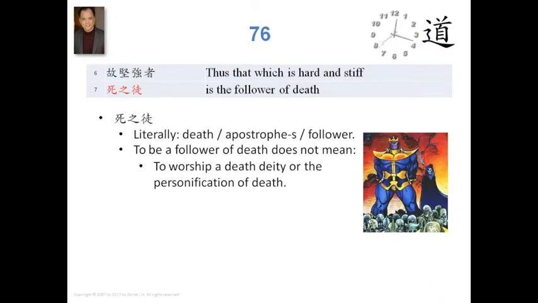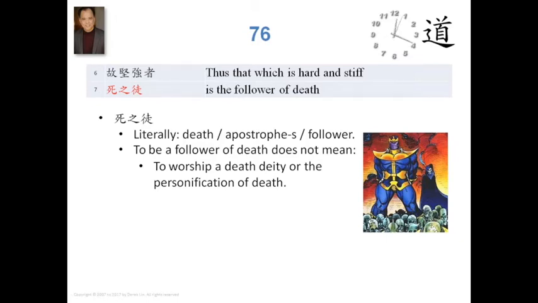Here, I want to show you, this is Thanos. He is a comic book character. He's about to be really big. He is going to be the major villain in the next Avengers movie. The thing about Thanos is that he's a worshiper of death, and you see behind him is the comic depiction of death.